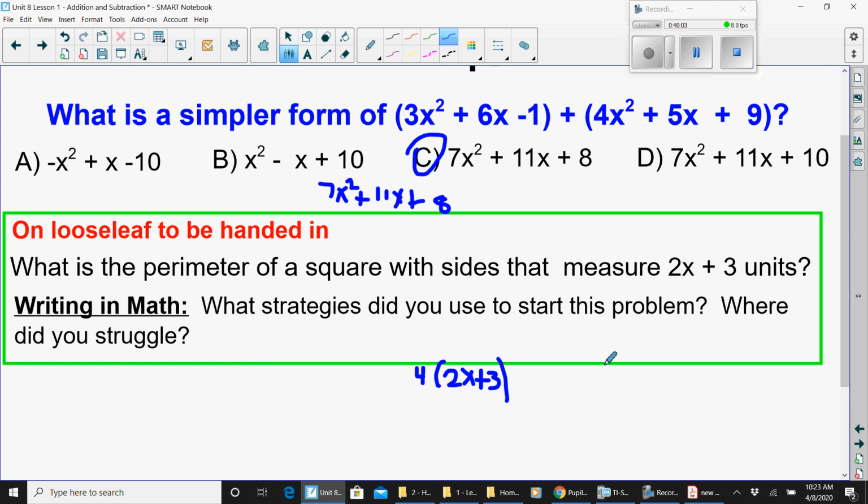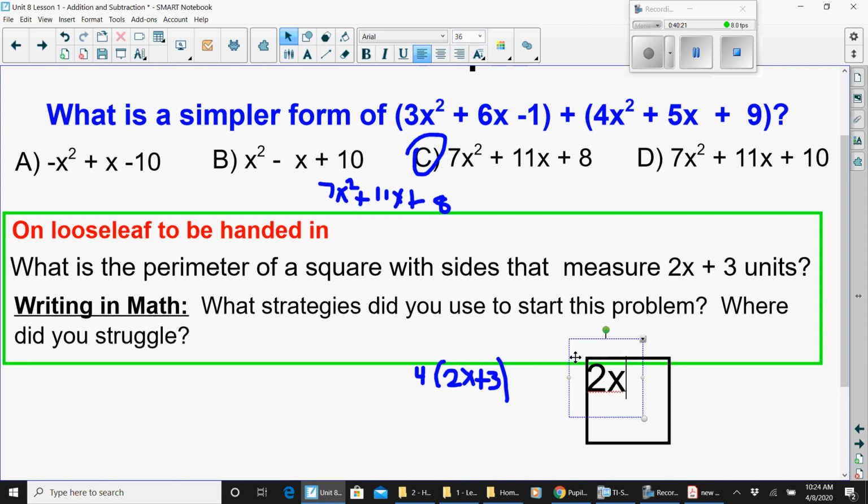So you could either draw the square and add 2x plus 3, 2x plus 3 plus 2x plus 3. You could draw the square and put 2x plus 3 on the top, just like that.